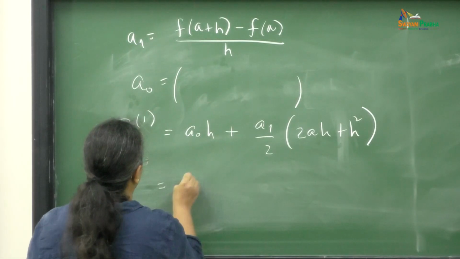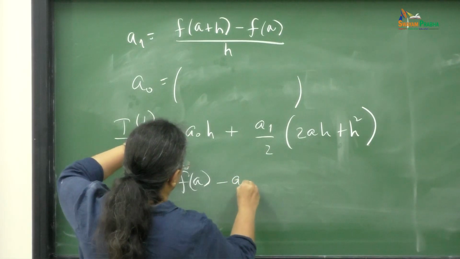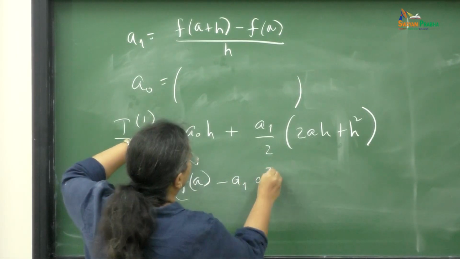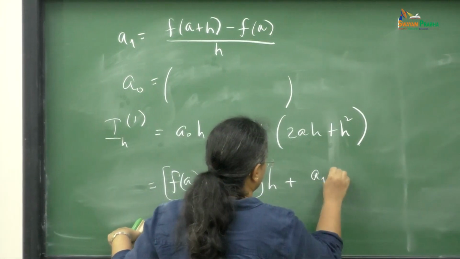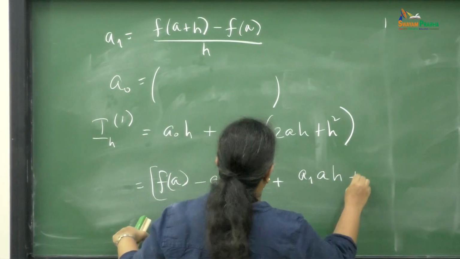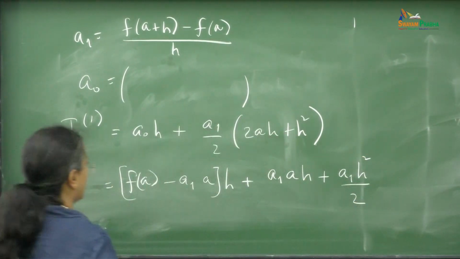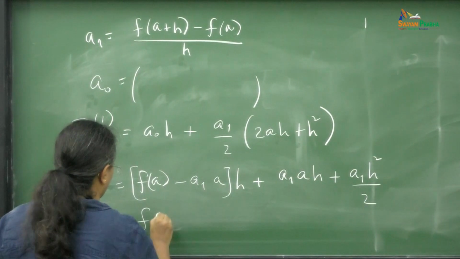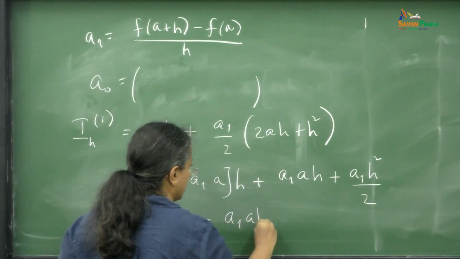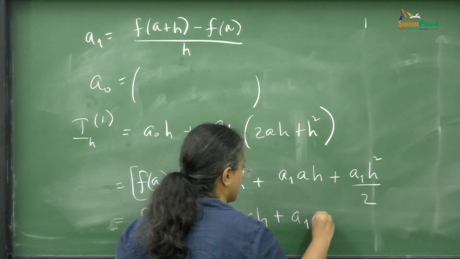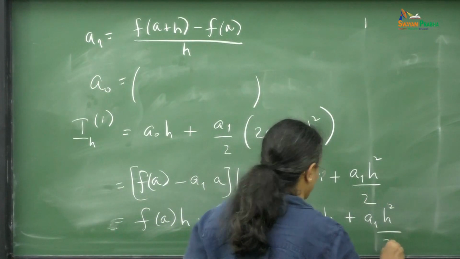So I'll have f of a minus a1 a into h plus a1 a h plus a1 h square by 2. Okay. So f of a into h minus a1 a into h plus a1 a h plus a1 h square by 2.